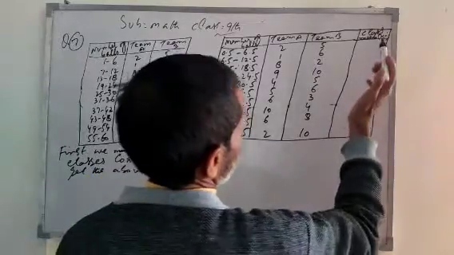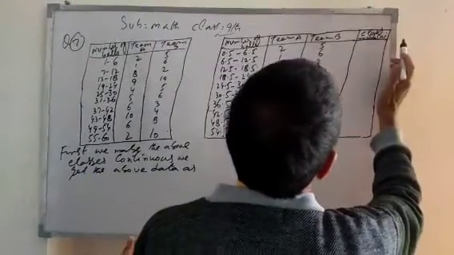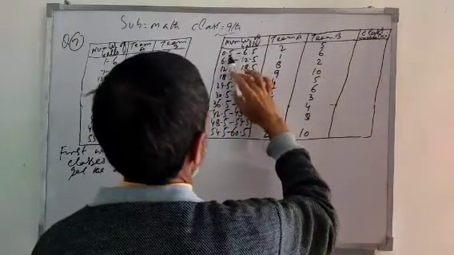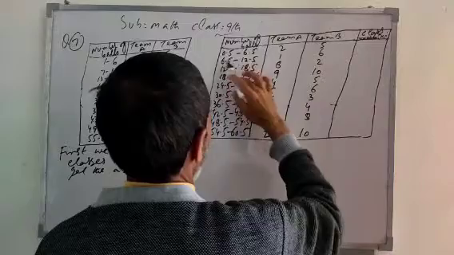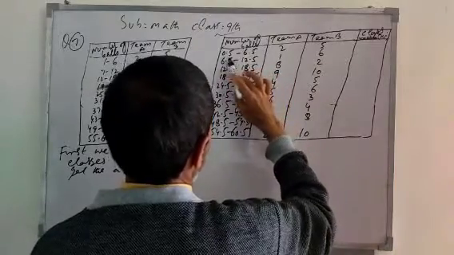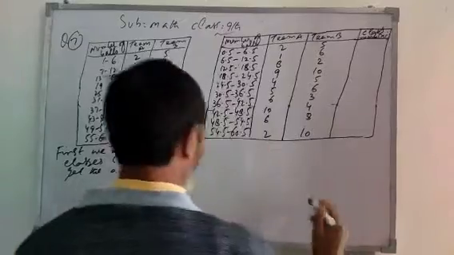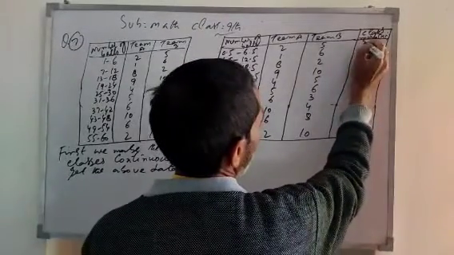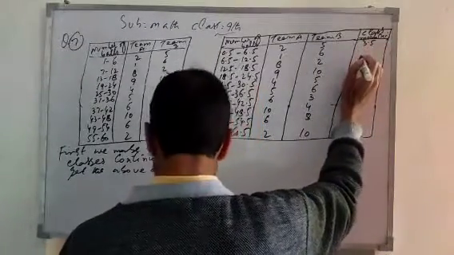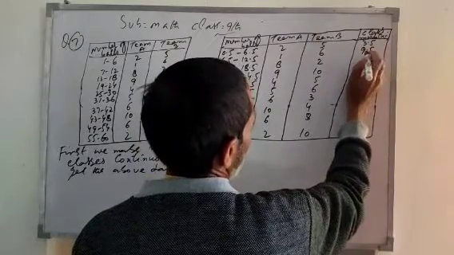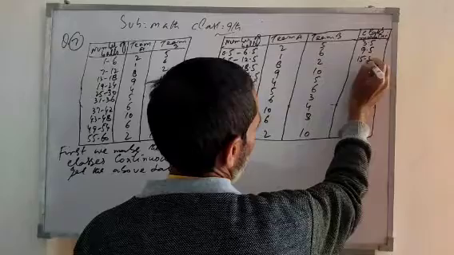Now we have to find class marks of each class. First class is 0.5 to 6.5. Class mark of this class will be 0.5 plus 6.5 divided by 2, which will be equal to 3.5. For second class, 9.5. For third class, 15.5.